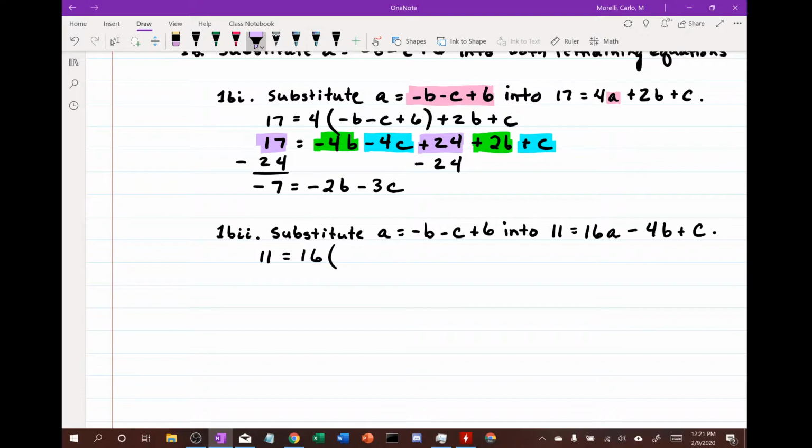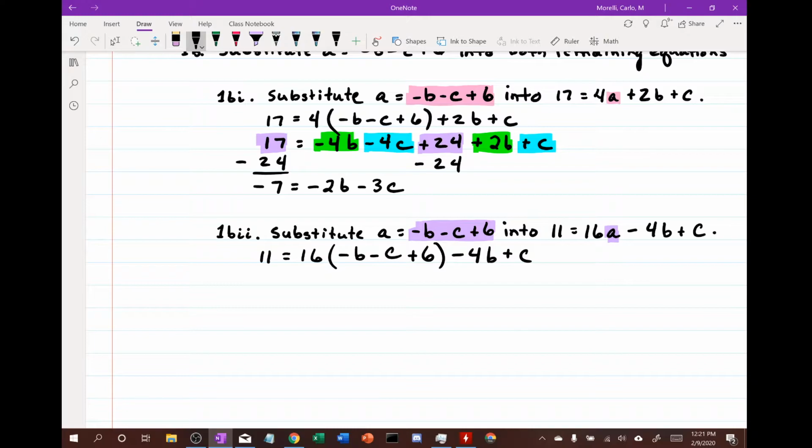And just like before, I'm going to put this everywhere I see an A. So in here, I'll write negative b minus c plus 6, close parentheses, minus 4b plus c.